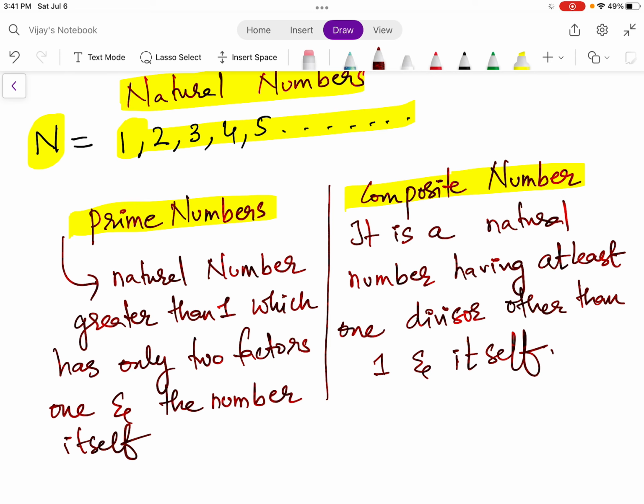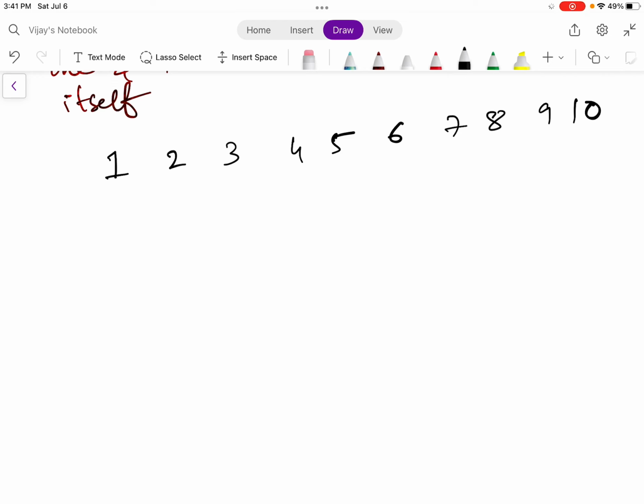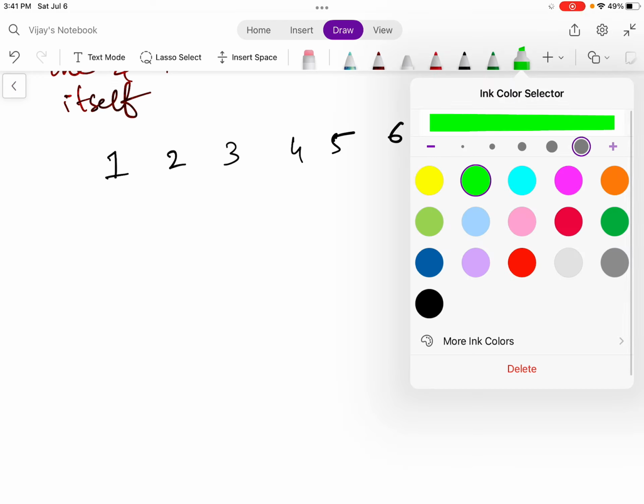To understand prime numbers and composite numbers, let me first take the first 10 natural numbers: 1, 2, 3, 4, 5, 6, 7, 8, 9, 10. Now coming to 1, remember that 1 is neither a prime number nor a composite number.